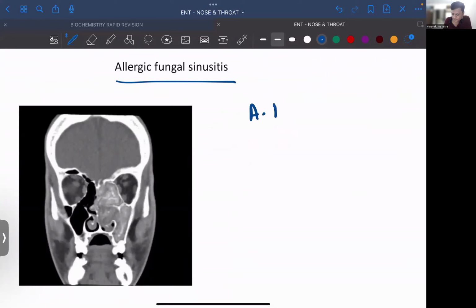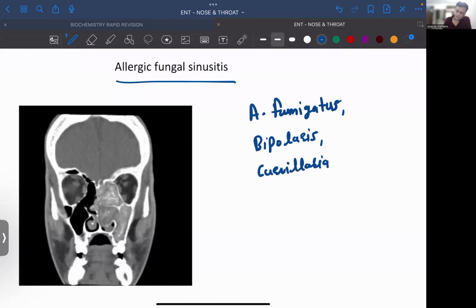First one is Aspergillus fumigatus. Second, Bipolaris. Third one is Curvularia. A, B, C.